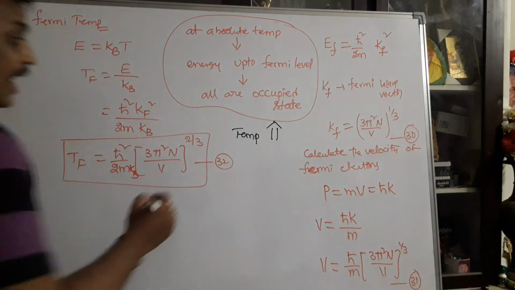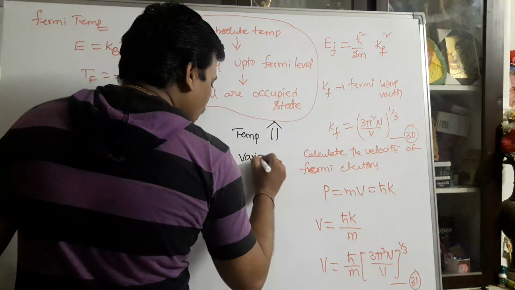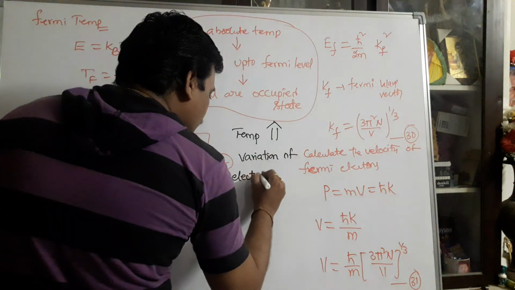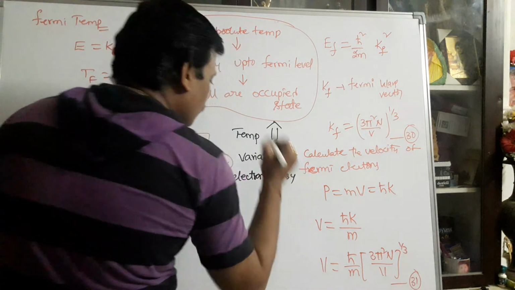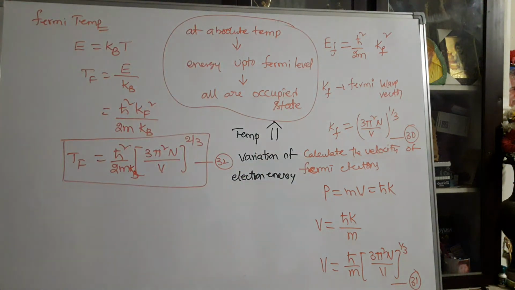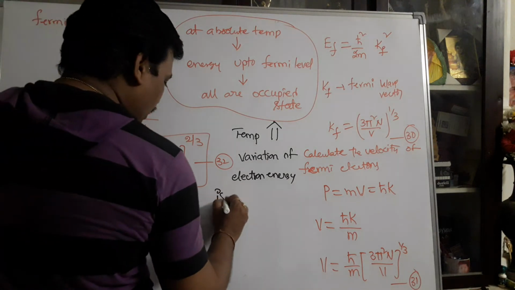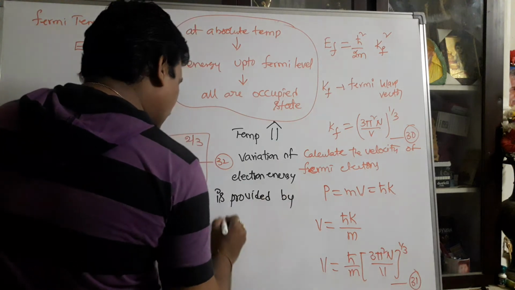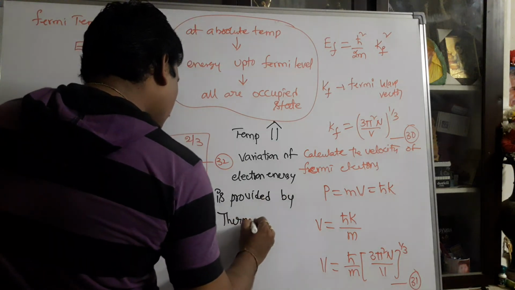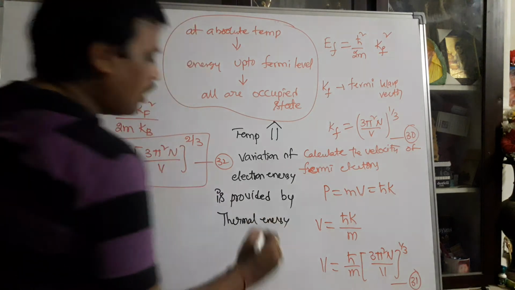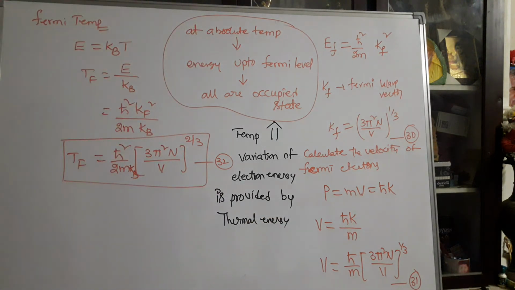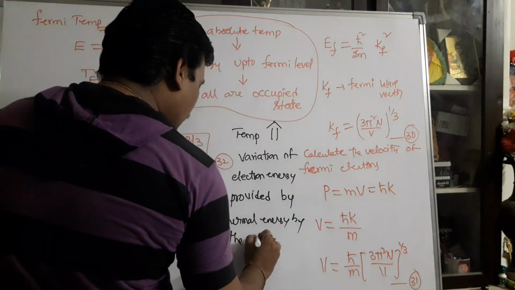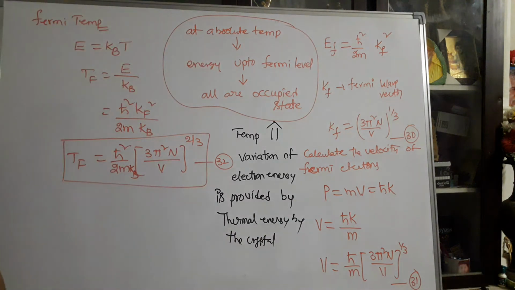The variation of electron energy is provided by the thermal energy of the crystal.